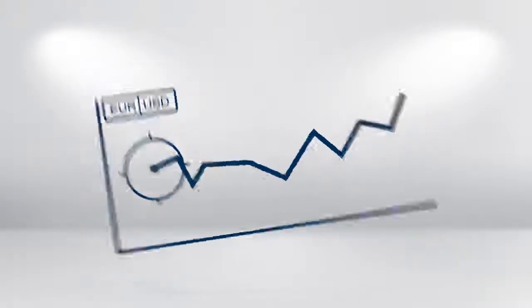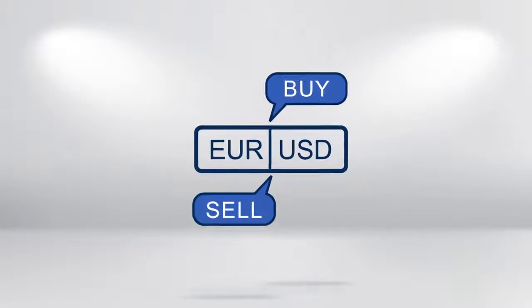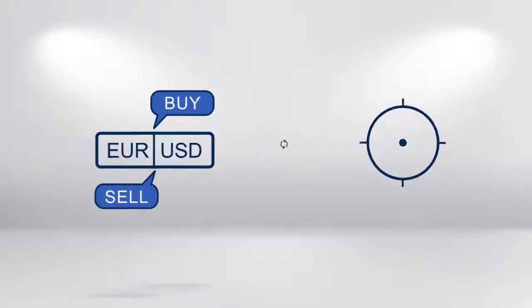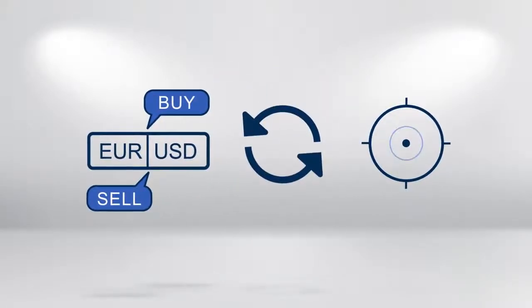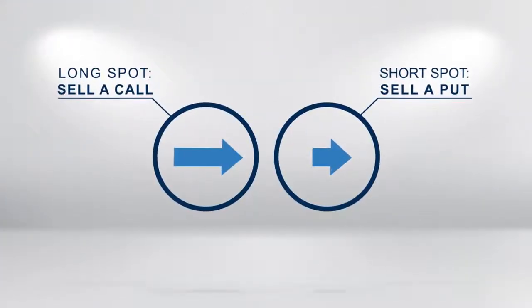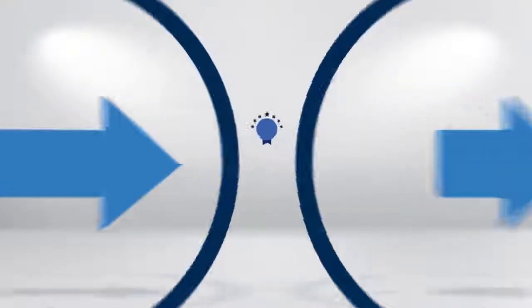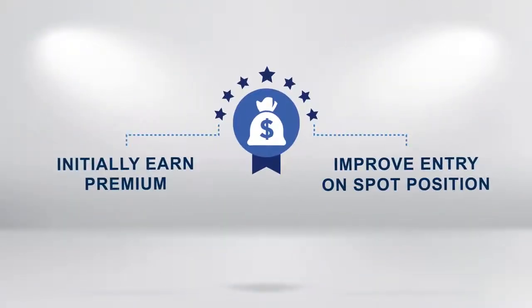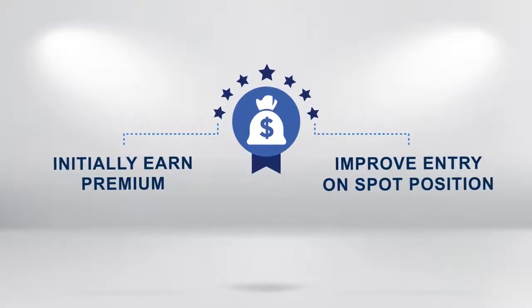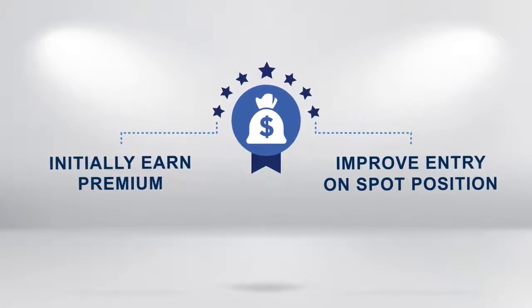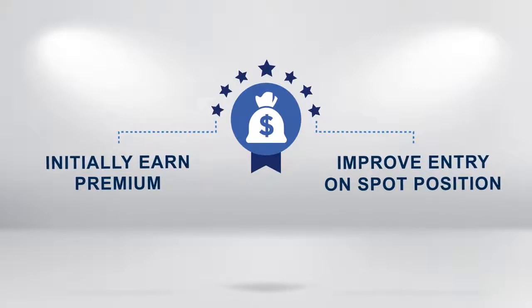In these cases, you could actually benefit from selling an option, but this time selling an option in the same direction as your spot position. So, long spot, sell a call, short spot, sell a put. By selling the option, you will initially earn a premium. This premium can be used in your strategy as a way to improve your entry on the spot position.